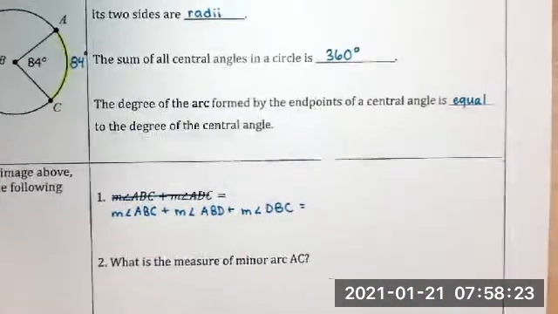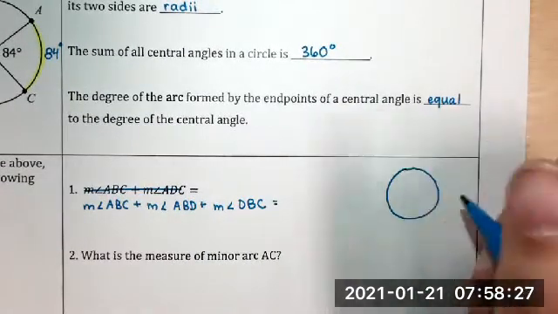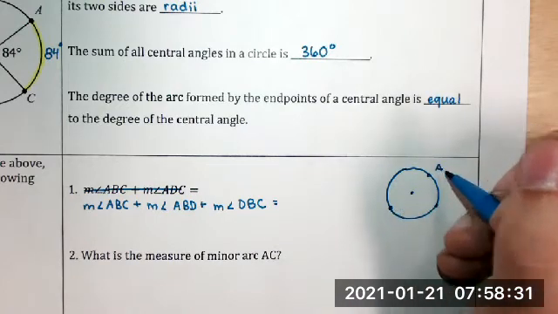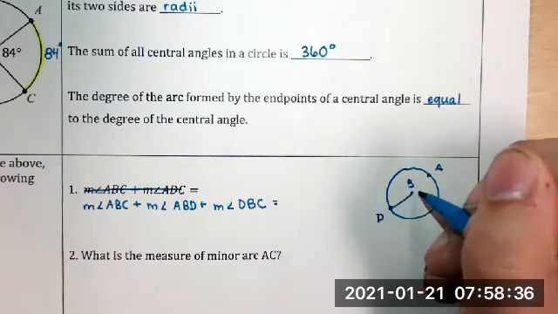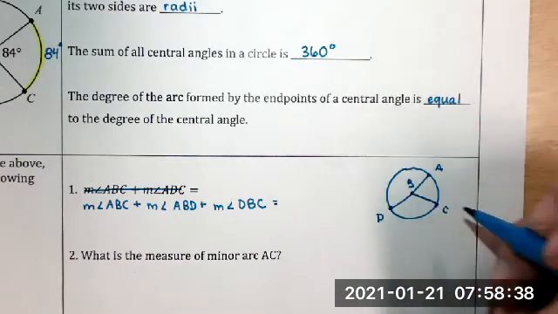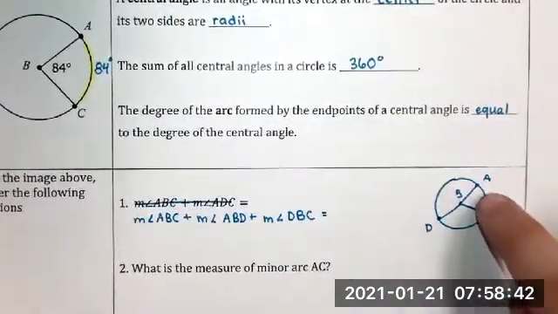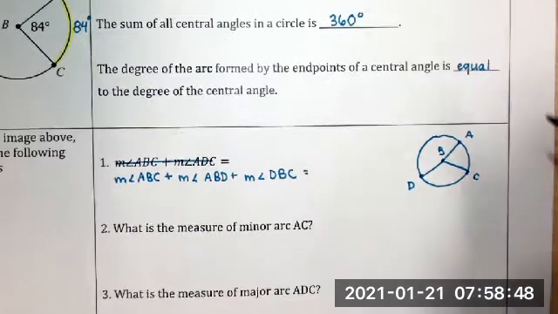So let me draw kind of a version of it over here. So this is kind of what we're working with from here. We know that this one's 84 degrees, but it actually doesn't matter. We don't need to know the measure of the entire circle by its parts.